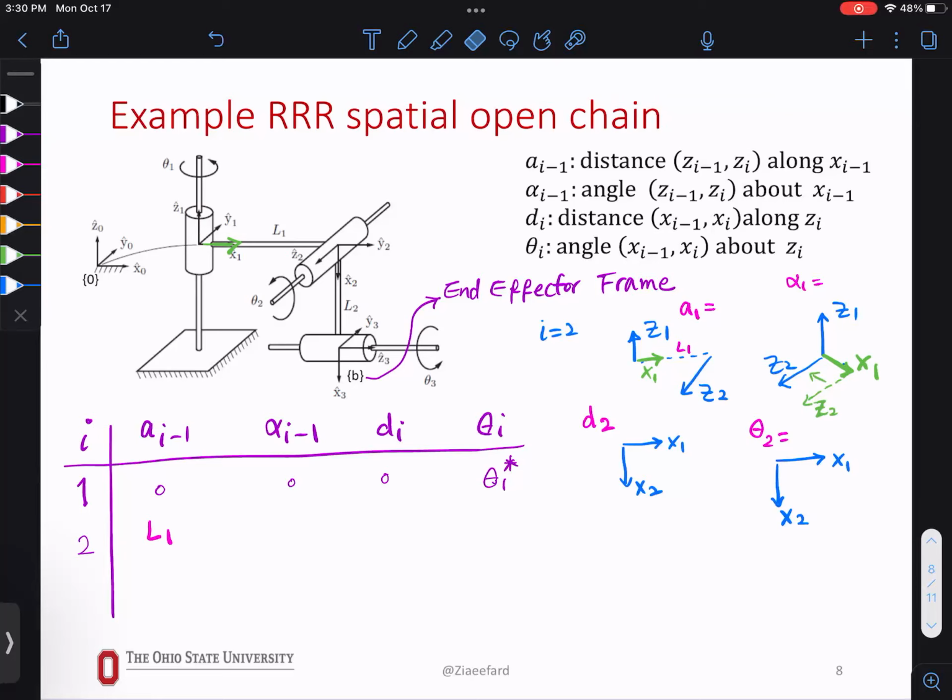I want you to be careful. You need to pay attention to the positive side. Either you paid attention or you just got lucky. The positive direction is about X1, so your thumb is where X1 is, and you have to close Z1 to Z2.